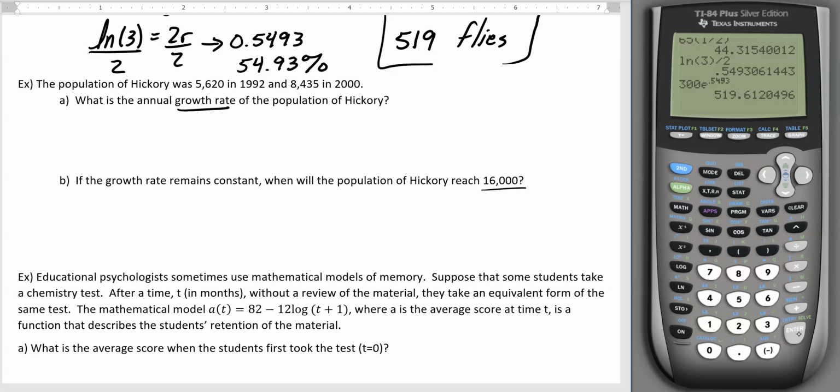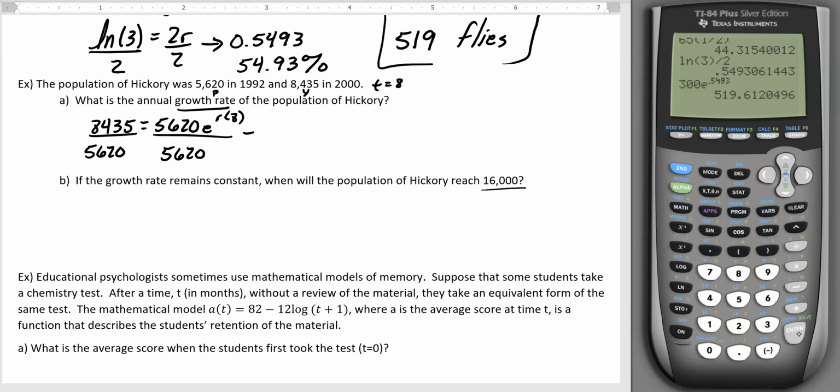My initial amount, 5,620, would be my P. My Y would be my final amount, and we have 8 years, 1992 to 2000. So 8435 equals my initial 5,620 times e to the r, which I don't know, and t would be 8. So I'm going to start by dividing both sides by 5,620.